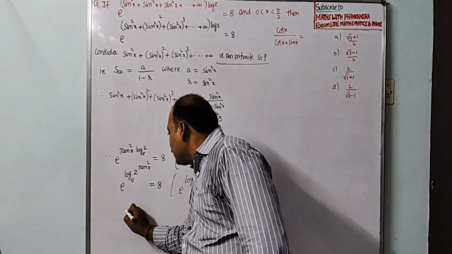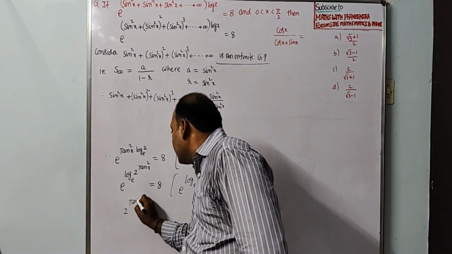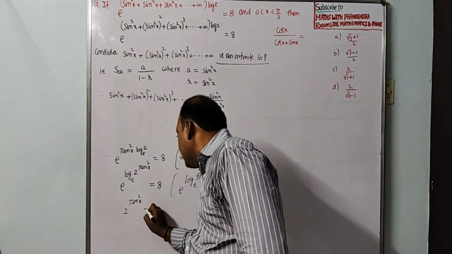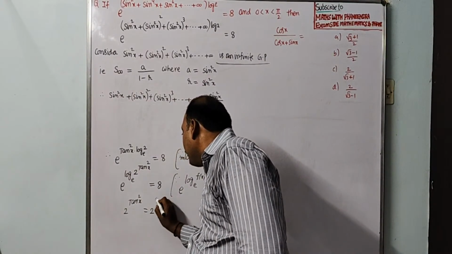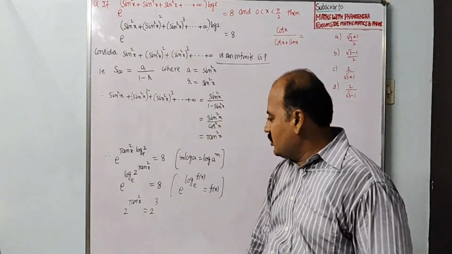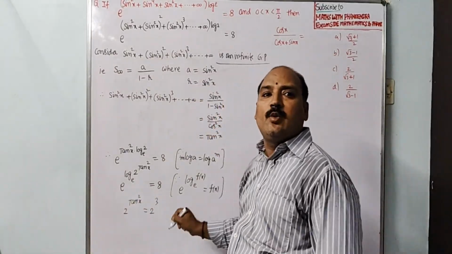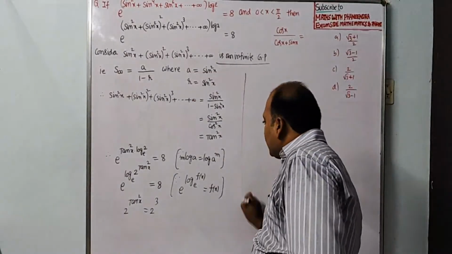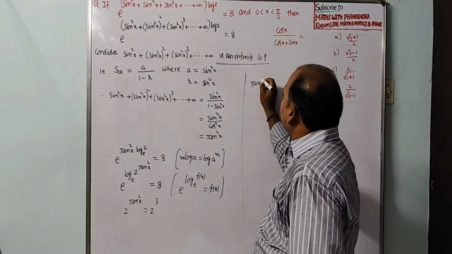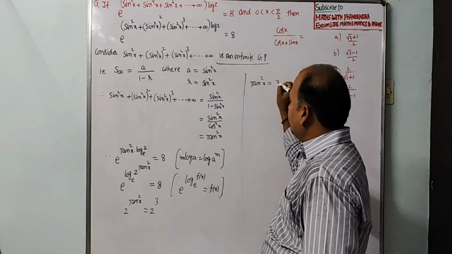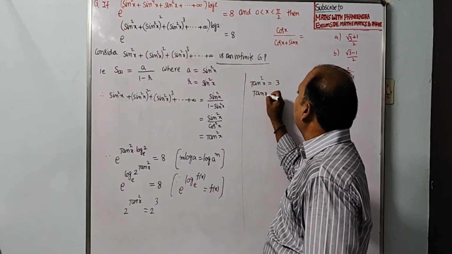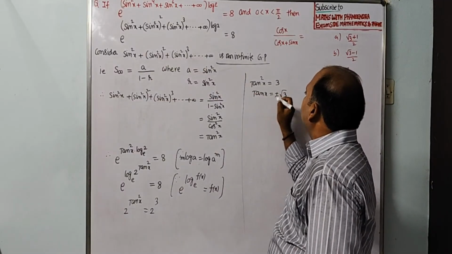Now it becomes 2 power tan square x is equal to 8, which in terms of 2 is 2 power 3. Bases are equal, so the powers should be equated. Tan square x is equal to 3, so tan x is equal to plus or minus root 3.